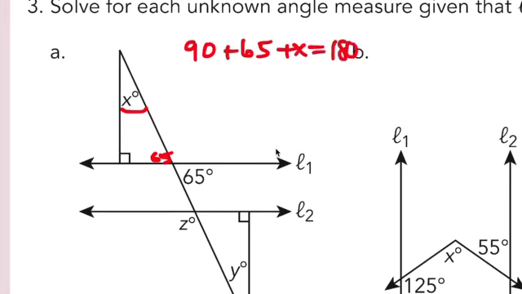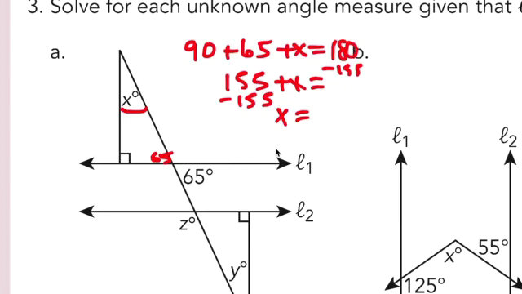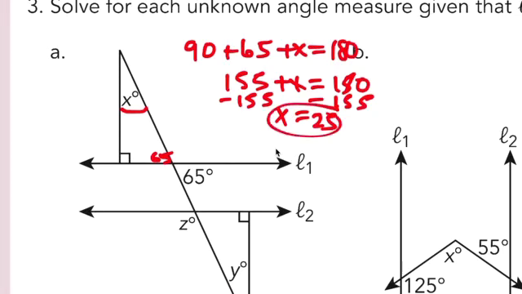So basically you add those two together, subtract it from 180, and you find what x is. Which is 25, right? Don't do this mess like I did. Yeah, it's 25.